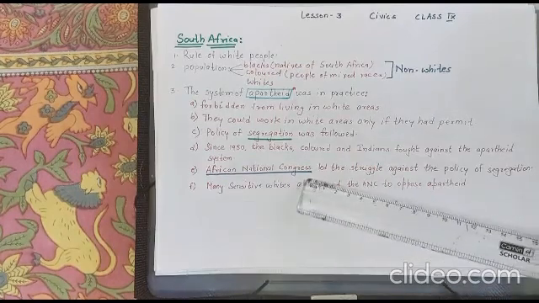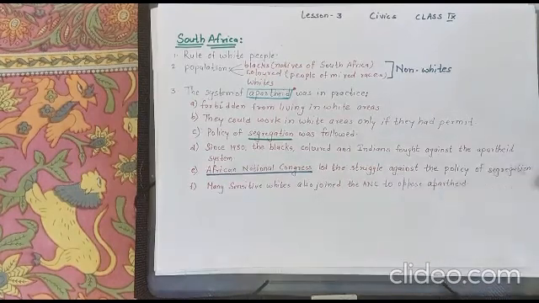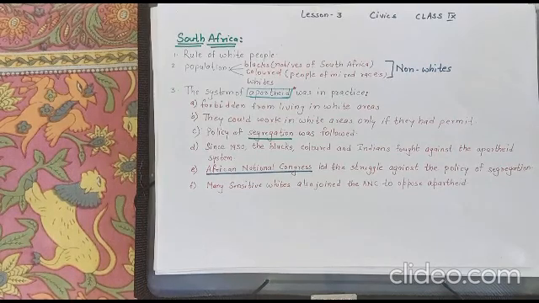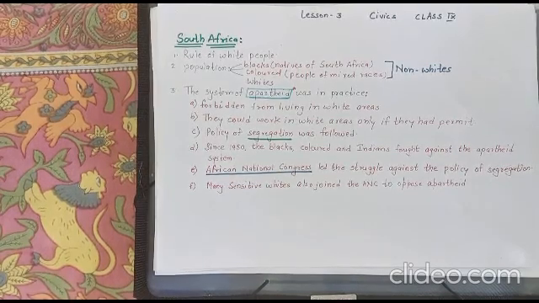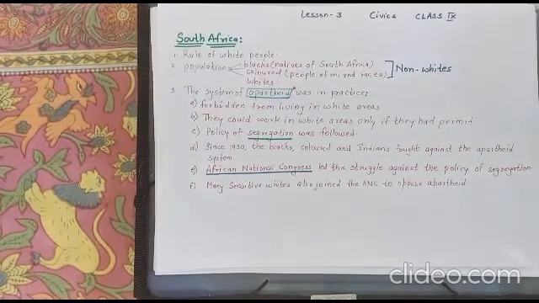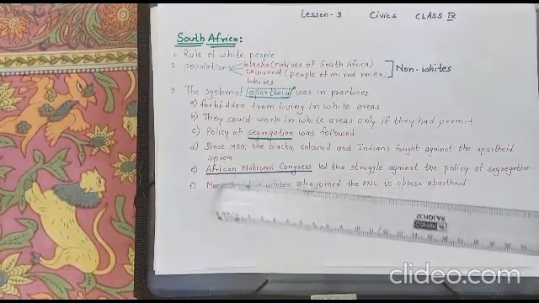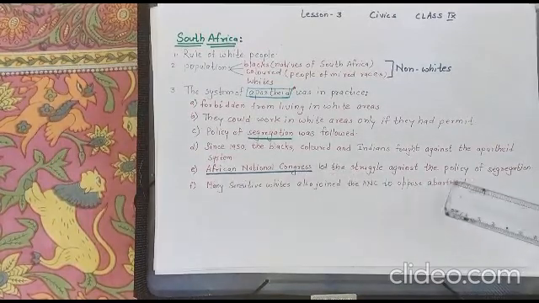African National Congress led the struggle against the policy of segregation. The African National Congress was an umbrella organization that included many workers' unions and the Communist Party. So they all started a struggle against the policy of segregation. Many sensitive whites also joined the ANC to oppose apartheid.